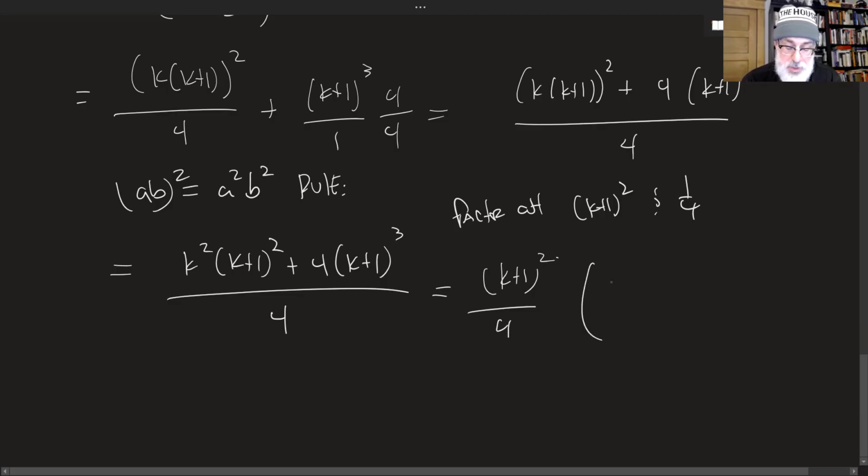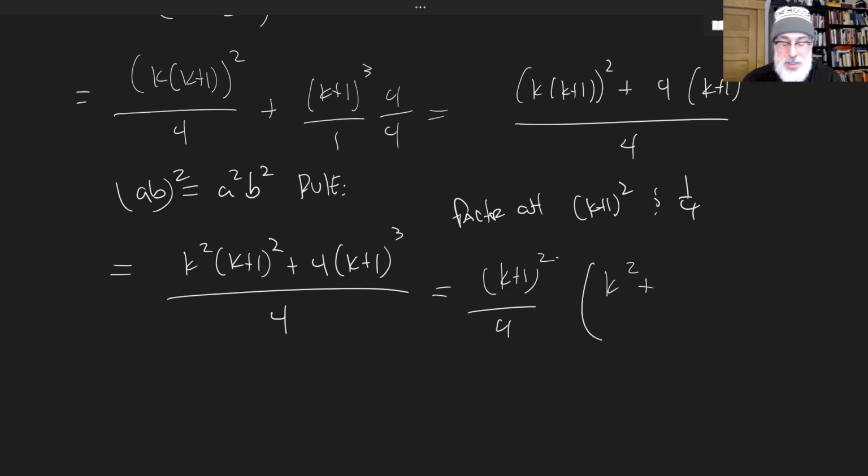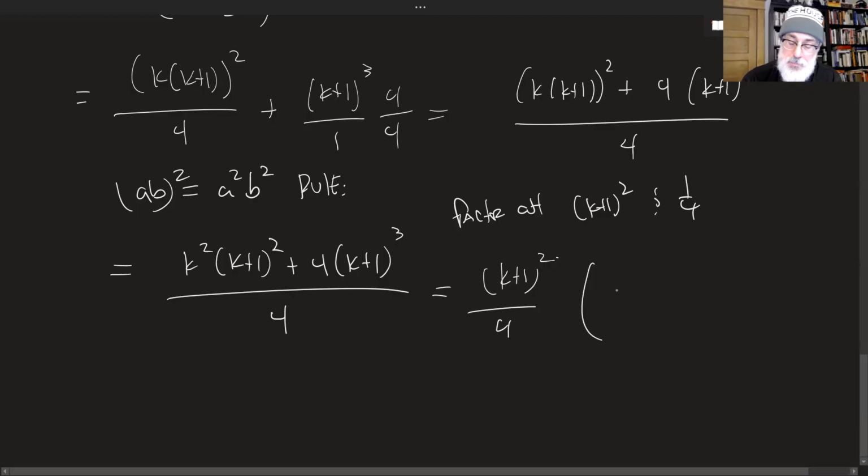On top, we are left with a k squared, and (k plus 1) squared was taken out, so that's essentially 1. Just to be thorough, I'm left with the k squared and a 1. And over here, I'm left with a 4, and I'm left with a k plus 1, because we took 2 essentially out of that product. All right, so we have k squared times 1 plus 4 times (k plus 1).